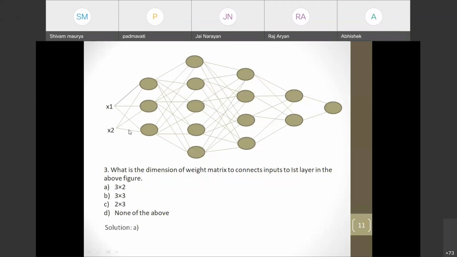So 3 cross 2 into 2 cross 1 is the matrix multiplied by this particular given vector. Whenever we multiply, we get 3 cross 1 as the result. That 3 cross 1 result will be added with the first bias values, and it will produce a 3 into 1 output.